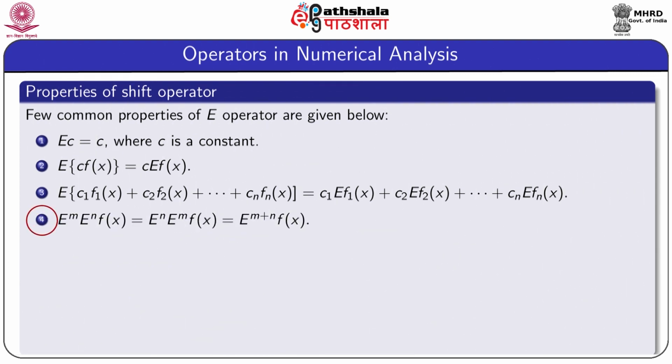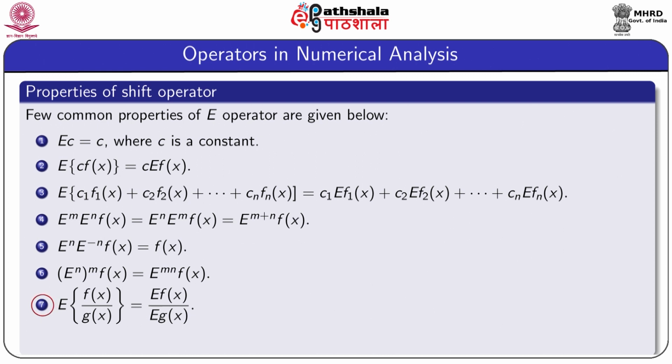Also, the shift operator satisfies the laws of indices like the forward difference operator, that means E to the power m into E to the power n f(x) equal to E to the power n E to the power m f(x) equal to E to the power m plus n f(x). The fifth property, very interesting: E to the power n E to the power minus n f(x) equal to f(x), that means E to the power n E to the power minus n is the identity operator. The next property is that E to the power n, to the power m, of f(x) equals E to the power mn f(x).